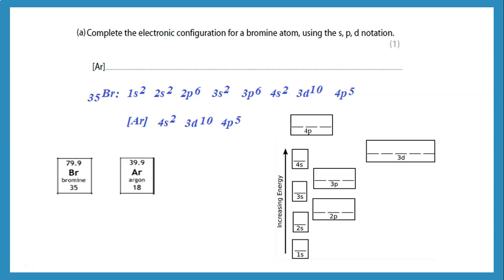So instead of saying 1s2, 2s2, 2p6, that is 10, 3s2, 3p6, that's 18, I just write argon to indicate that these are 18 electrons, and then I continue. So after the 18 electrons, I have 4s2, 3d10, 4p5. So this is a shortened form of writing the electronic configuration.